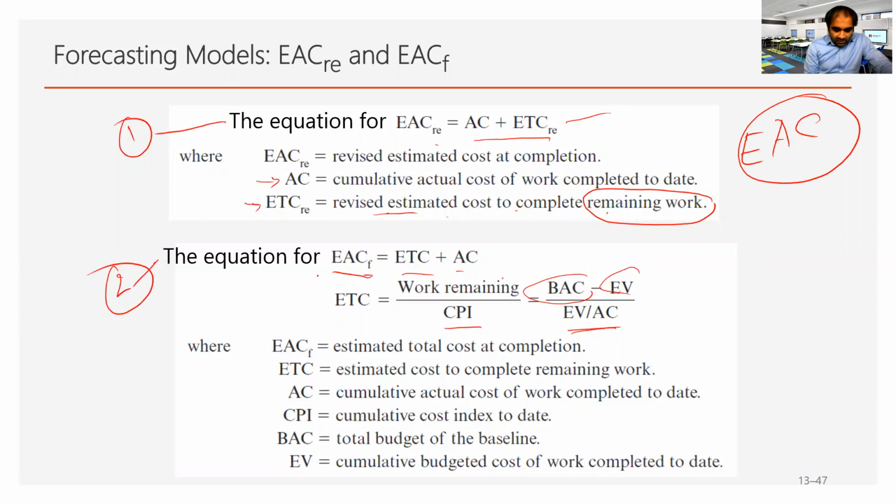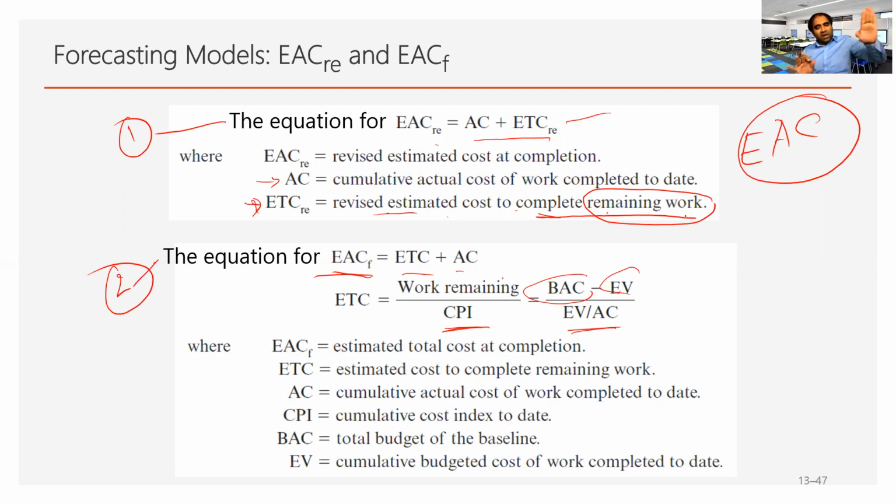And in the forecasting, the formula that we use takes into account the CPI, or cost performance index. This is ETC revised. You can see the difference between these two. ETC revised is the cost to complete the remaining work. We simply look at the remaining work, no performance involved.